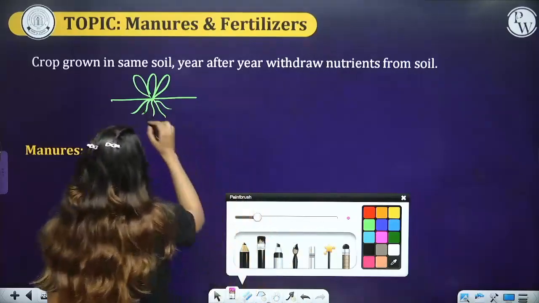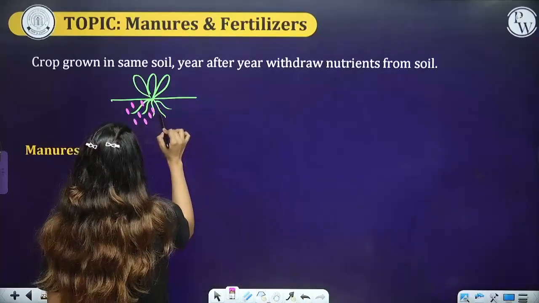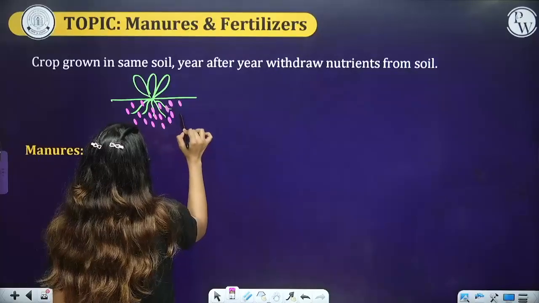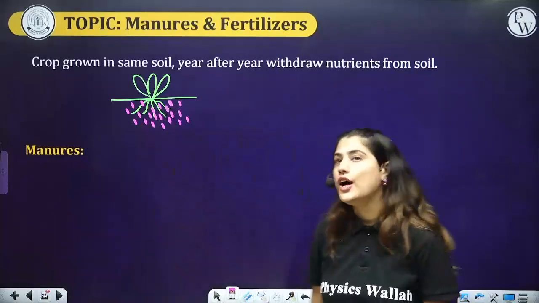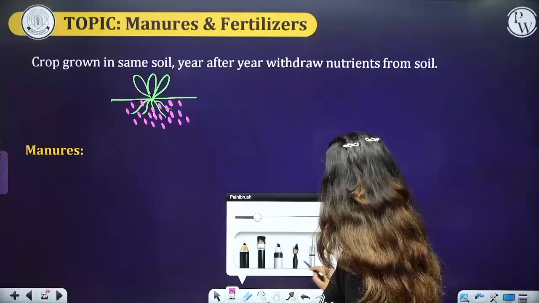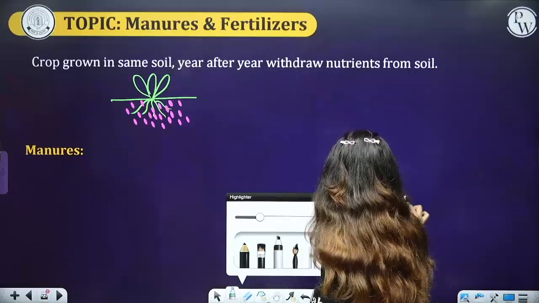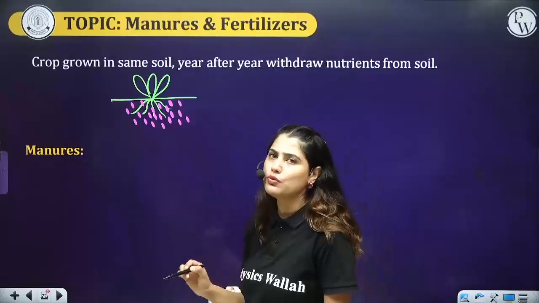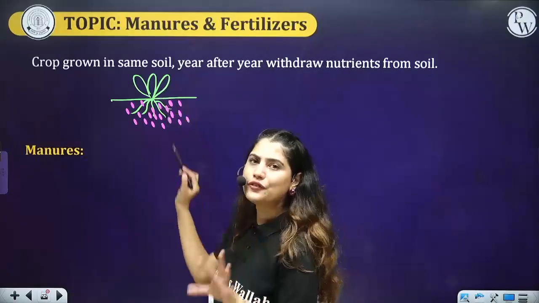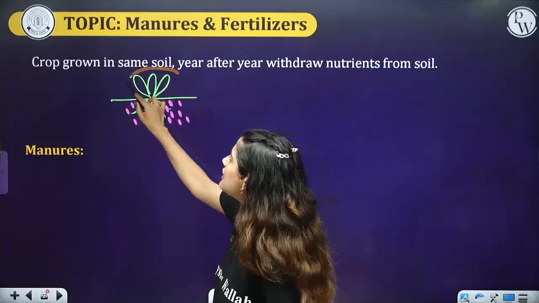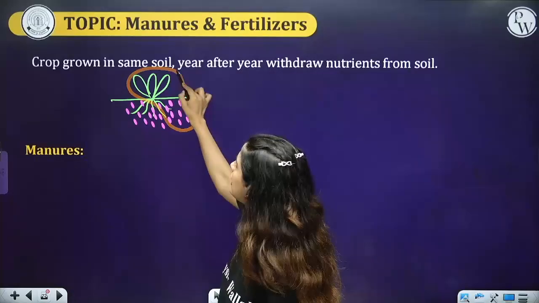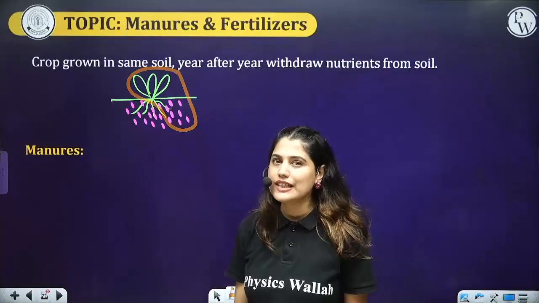We have a good amount of nutrients in the soil. Let's say one plant is growing, and this plant is going to consume the nutrients. This is the first year of my plant growth, and this plant is going to take away some of the nutrients.